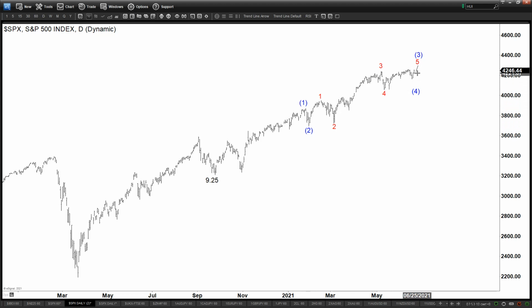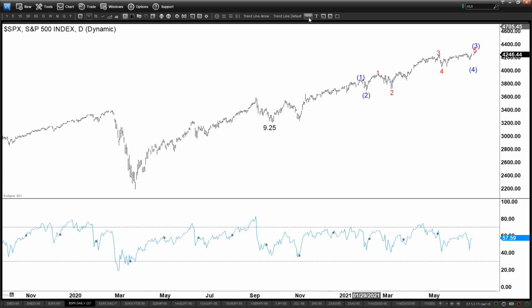Now another possible count. Let me see in the RSI. The RSI here has a divergence, but it doesn't have a divergence all the way up to this level. So this is the other alternate I'm telling you guys is less likely.